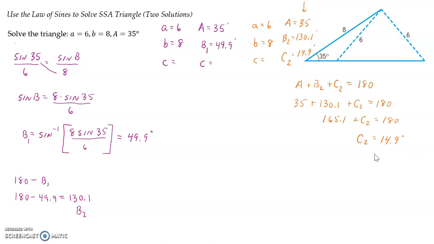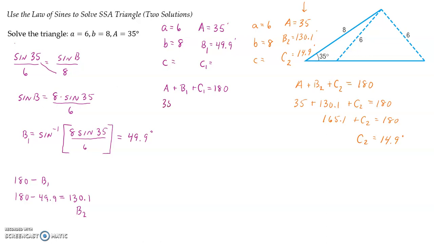So let's go ahead and calculate our last angle, angle C, from our first triangle. So we have angle A plus angle B1 plus C1 is going to add to be 180 degrees.